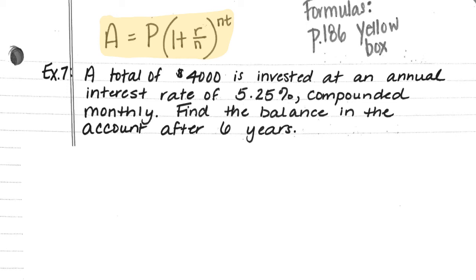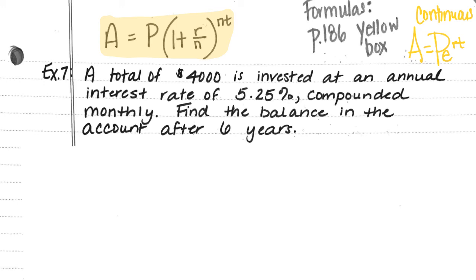A equals P times 1 plus r over n to the nt, and for continuous compounding, you should know A equals P e to the rt, and yes, that is the natural logarithm e.